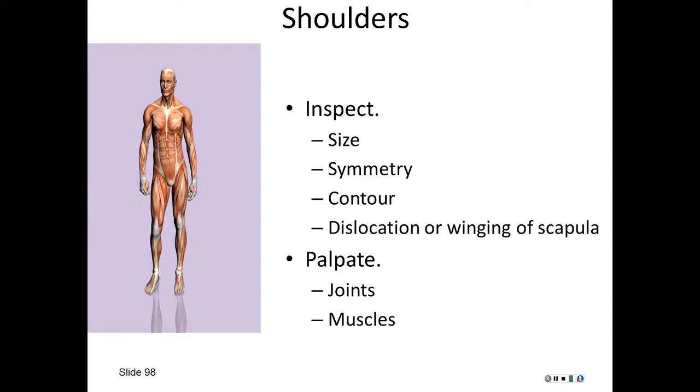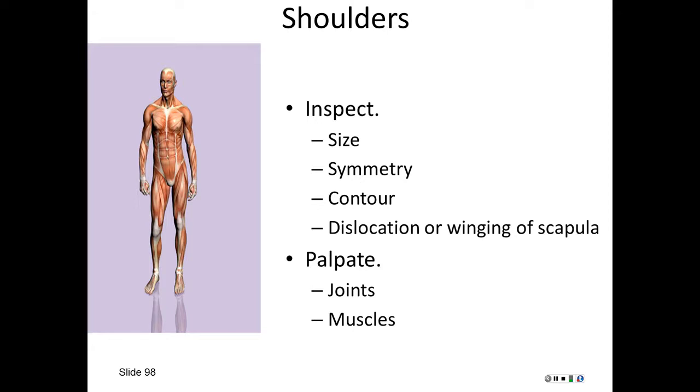Or some people say assume the position of a rest, where you put your hands against the wall. You want to feel the scapula and see if one is flaring out towards you, or are they both absolutely flat against the back? That's what I mean by winging.